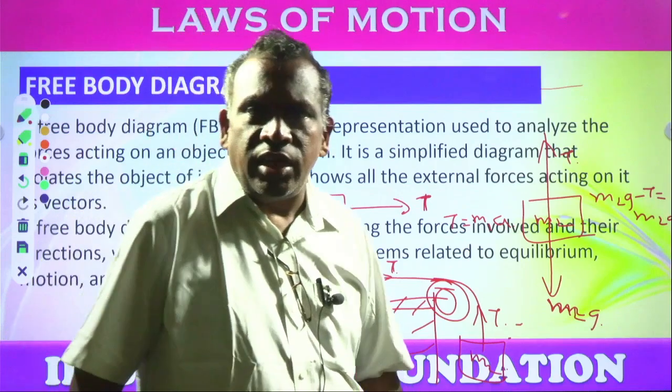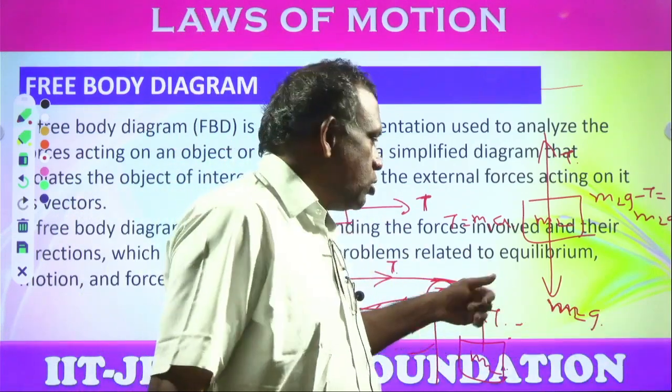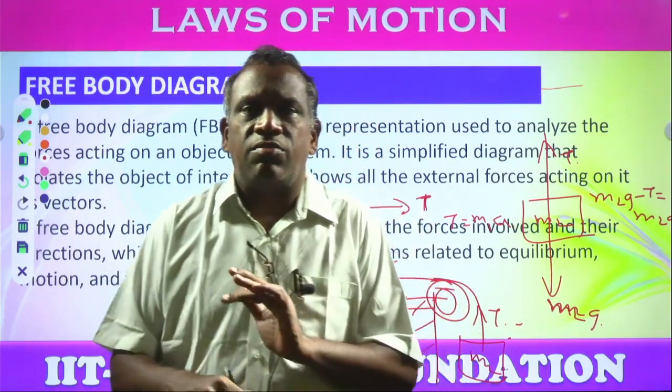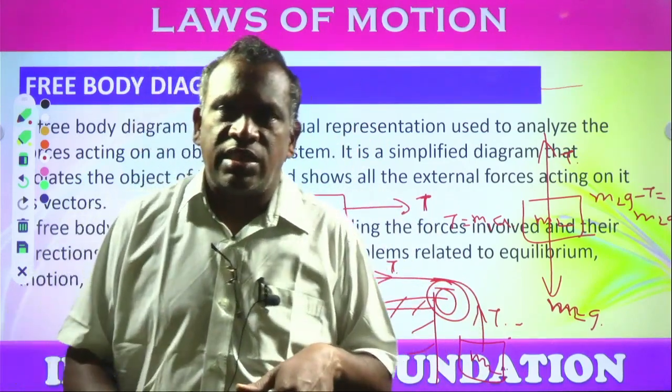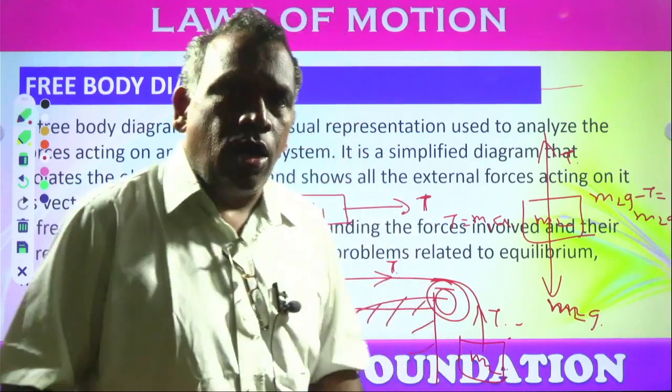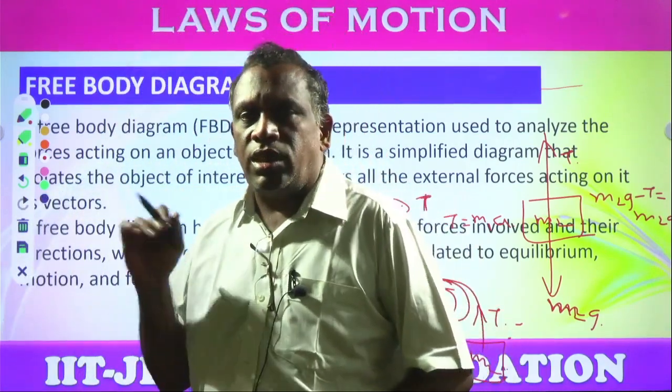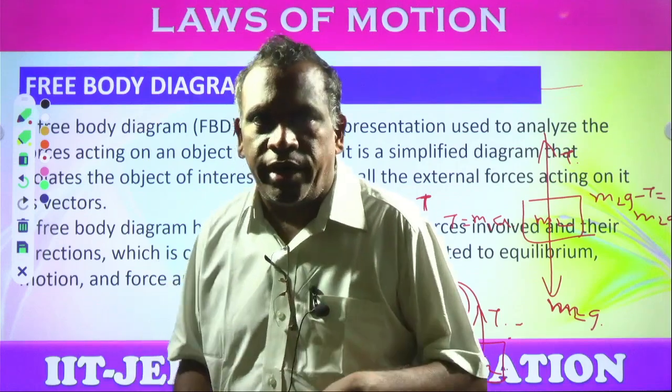So now we have two equations. In this process you can find the tension in the string and the acceleration of the system, and how much force is acting on the pulley. All these are possible with the help of free body diagrams.